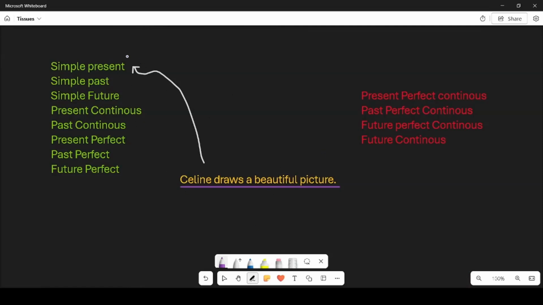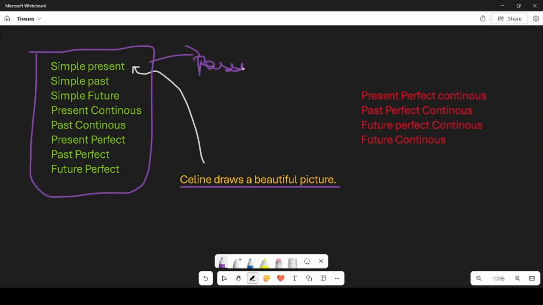Just like that, we can have sentences in all of these green tenses and we can convert them into passive. But all of these sentences which we have over here cannot, unfortunately, be converted into passive. If we try to convert them, it just won't sound grammatically correct.